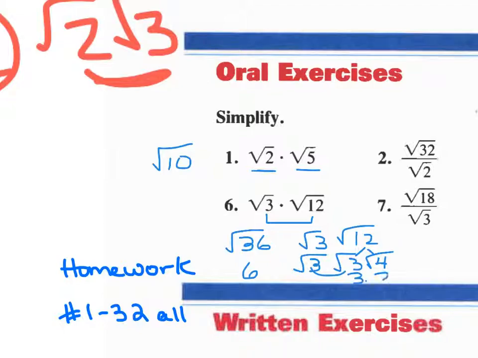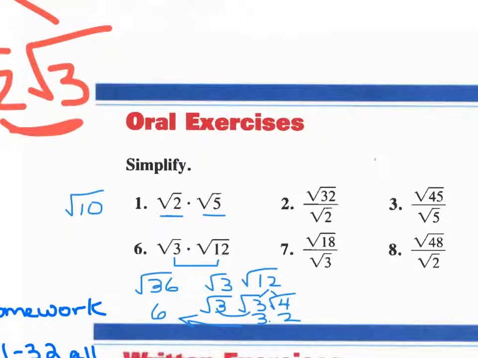So this becomes 3 times 2, which still gives you 6. On number 2, you could either divide this, and 32 divided by 2, because they're both under radicals, gives you the square root of 16, and then it's 4. Or you could rationalize by multiplying the top and the bottom by radical 2. It's a little bit easier if they'll divide.